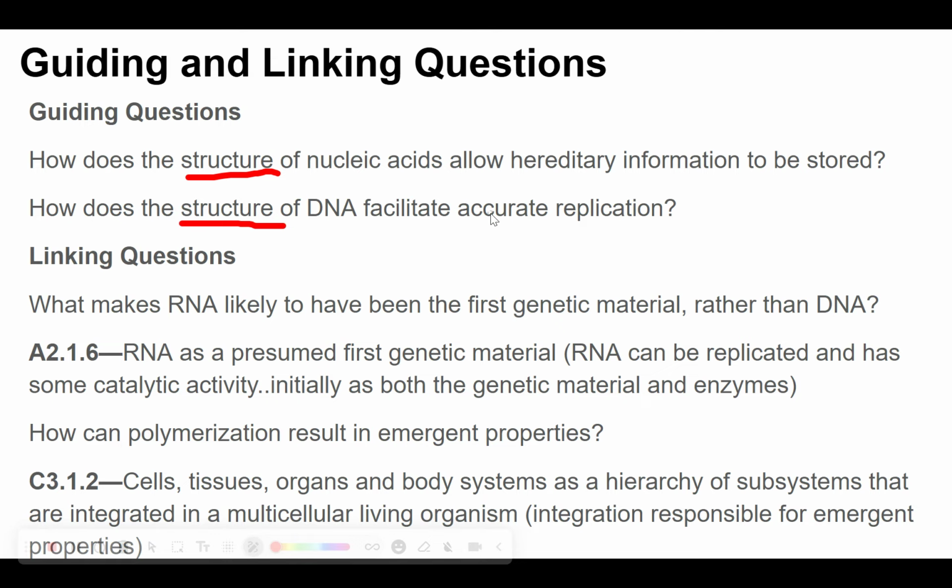The structure of these nucleic acid molecules is super important, and the history of the discovery of the structure is super interesting, and we'll get into that a little bit throughout this content. And I do think in terms of guiding your thinking about nucleic acids as molecules, it is really important and really fascinating and beautiful to consider their structure, because it allows for so much that is important for life to exist.